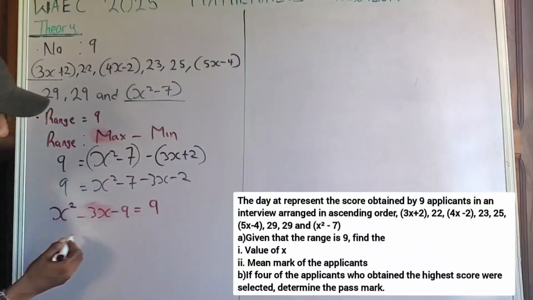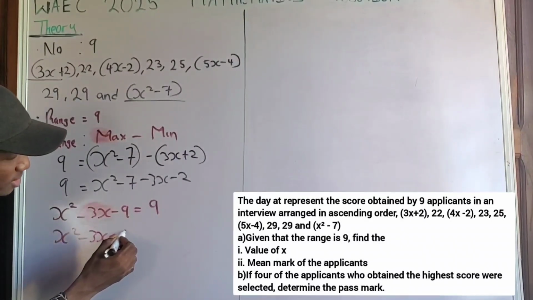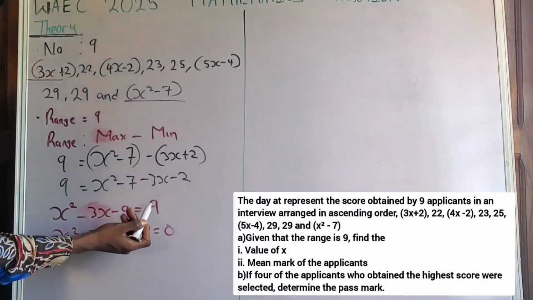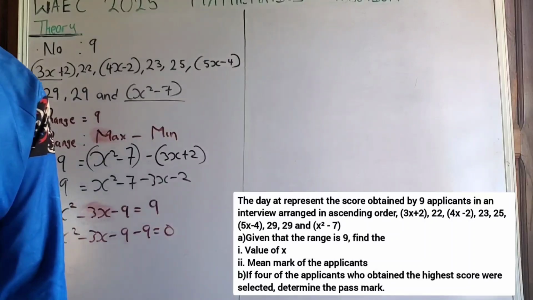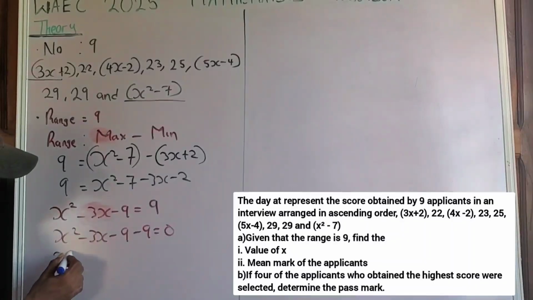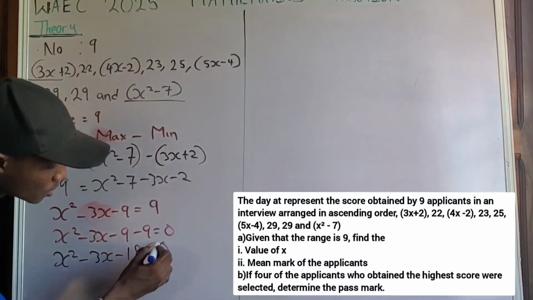So I'm going to have x² - 3x - 9 - 9 = 0, because if this 9 crosses the equals sign, the positive sign is going to change to negative. So for this we're going to have x² - 3x - 18 = 0.